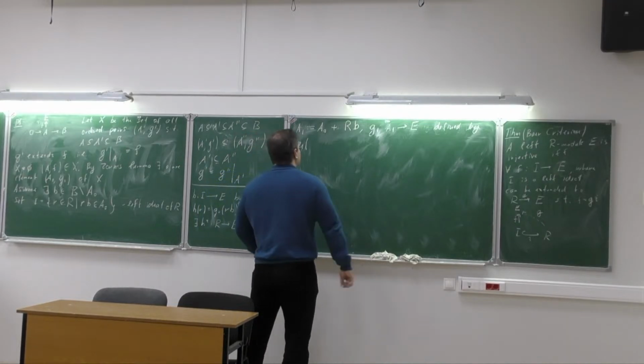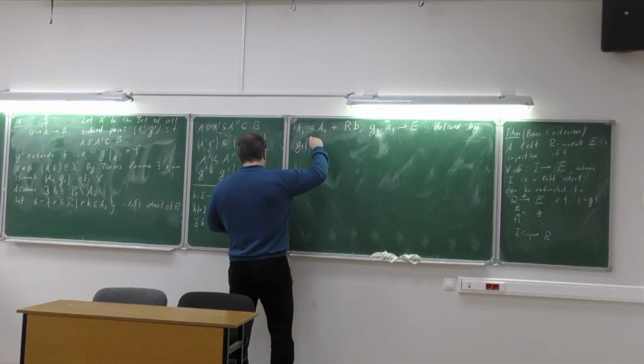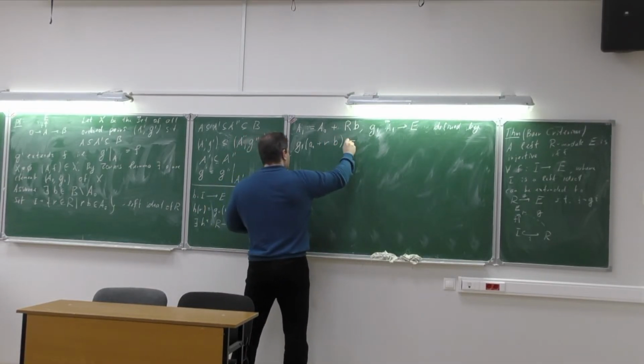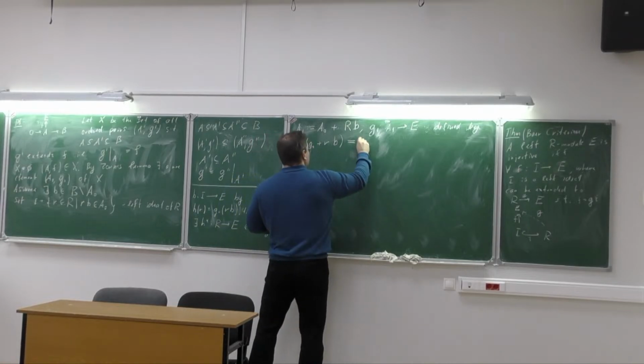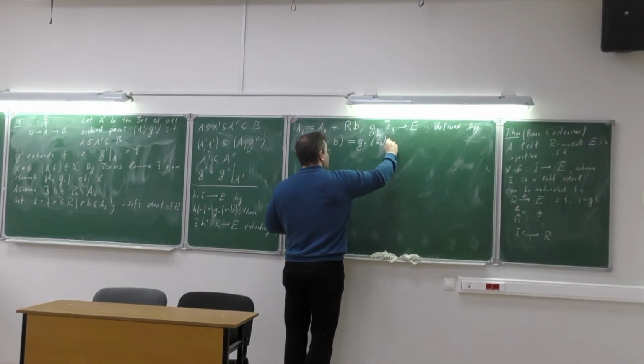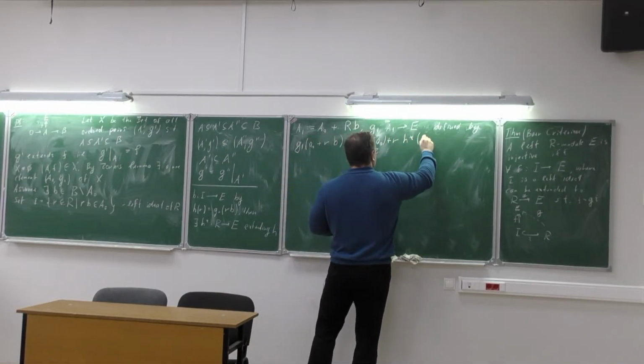Any element in the sum looks like some element a0 from the large A plus some rb, right? Then by definition this will be G0 applied to the a0 plus r H with a star of 1.